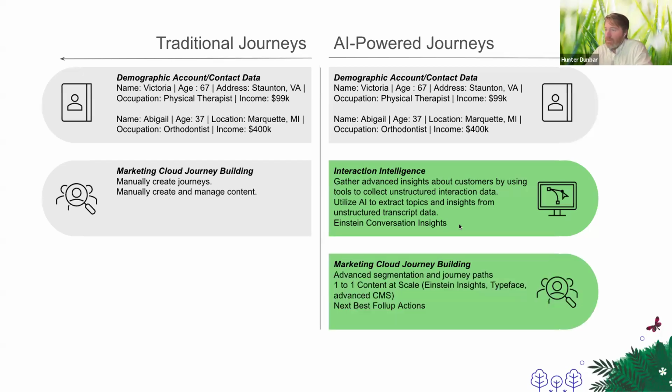And then we've also got an all new set of tooling on the Marketing Cloud journey building side. So you can do some advanced segmentation and journey paths. That's what interaction intelligence is going to enable. But we can do a little bit more hyper personalization of content, and some more dynamic follow-up action creation.